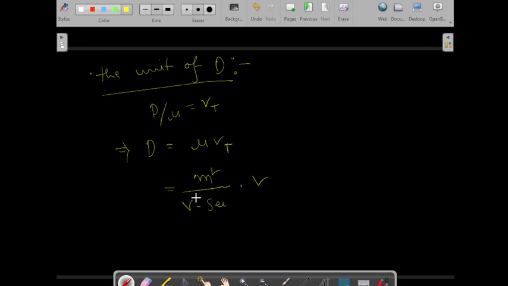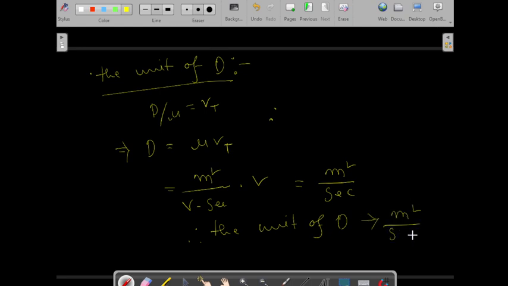So if I cancel this volt with this volt, then it becomes meter square per second. Okay, so the unit of D is meter square per second or centimeter square per second.